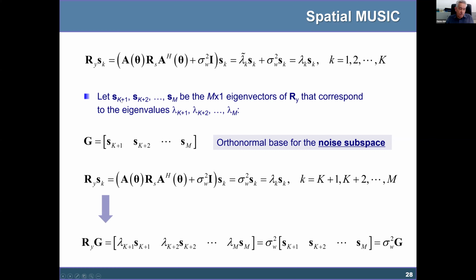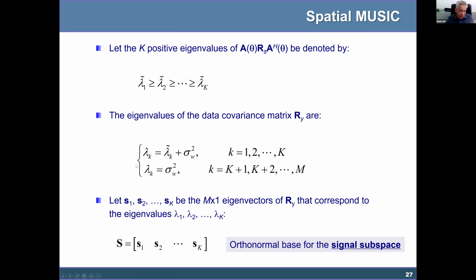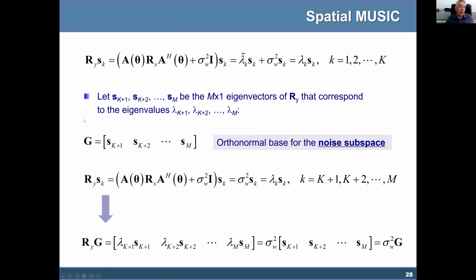Now, if we call S(K+1), S(K+2) up to SM the other M minus K eigenvectors associated to the noise eigenvalues, so associated to these eigenvalues that are all equal, and we define G, the M by M minus K dimensional matrix.